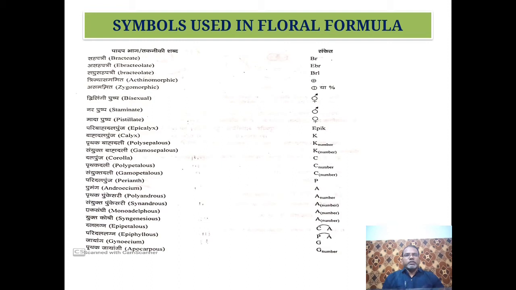EPI K for epicalyx, K for calyx, and K and number for polysepalous condition, K and number in bracket for gamosepalous condition. Similarly, corolla, androecium.